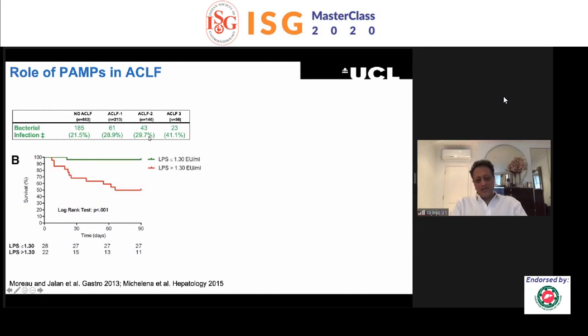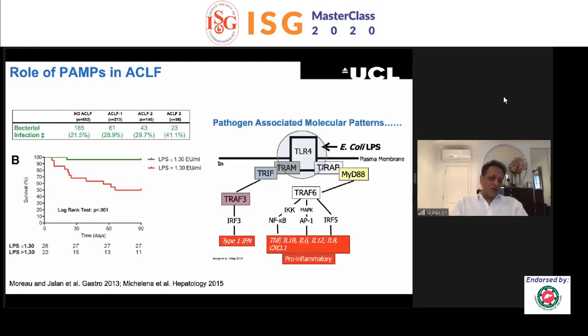And as you can see here, this is a slide that I've already shown you. Bacterial infection is very important. So we were simplistic clinicians, and we were thinking, what is it about these that is important? What you know is that toll-like receptor 4 is the receptor that is targeted by LPS or gram-negative bacteria.